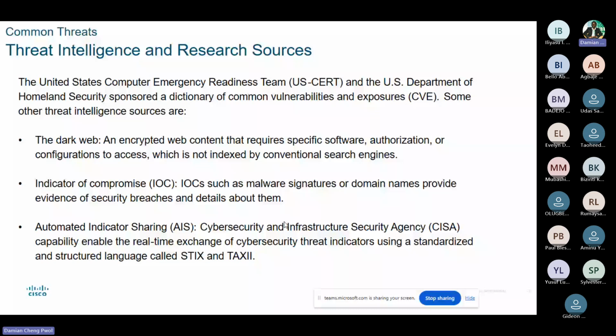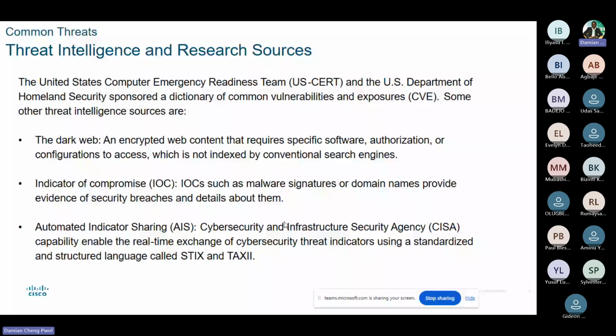Some other threat intelligence sources include the dark web. The dark web is another place where information can be gathered. It is encrypted web content that requires specific software, authorization, or configuration to access, and it is not indexed by conventional search engines.